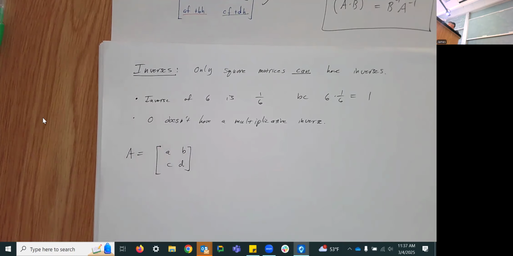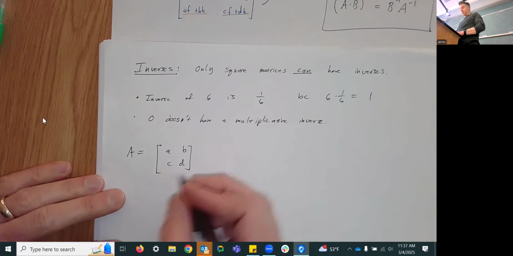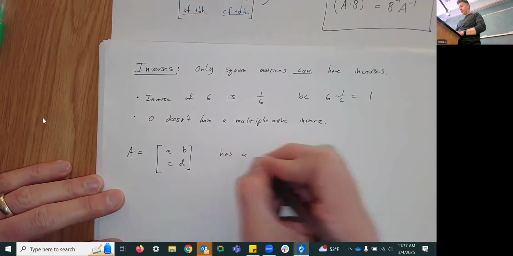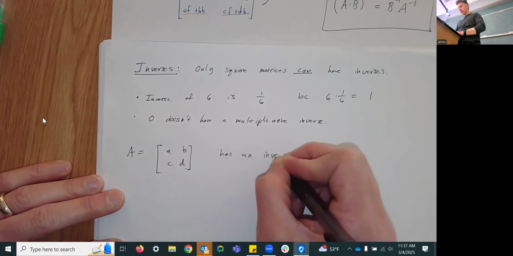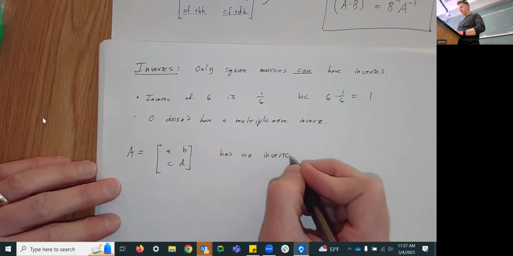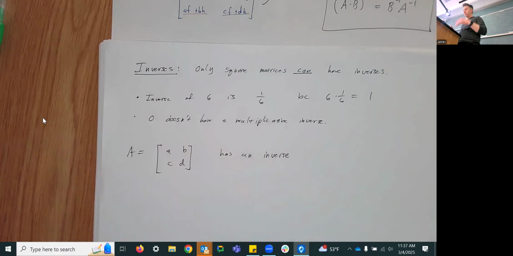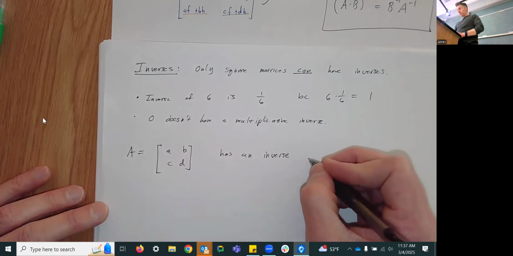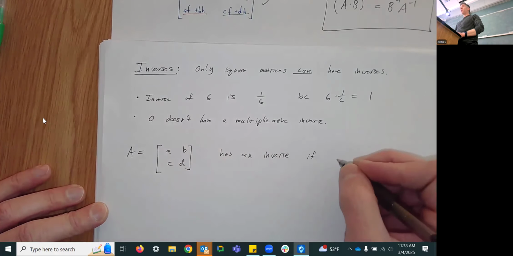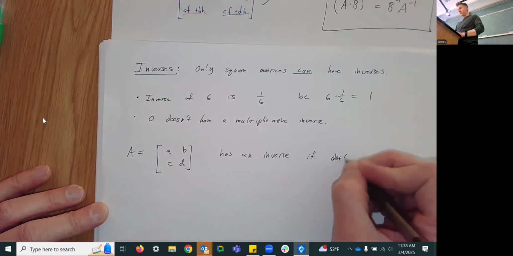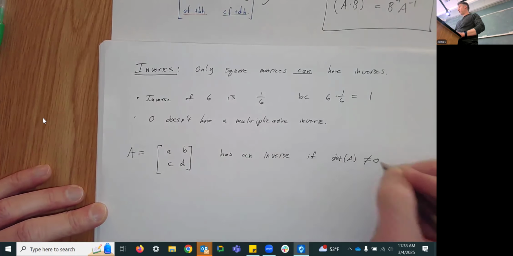You just literally take the negative of the whole thing, right? Negative A, negative B, negative C, negative D would be the additive inverse of this matrix. But A has an inverse, and when we say inverse, we always mean multiplicative. So if you mean additive, you say additive. A has an inverse if the determinant of A is not equal to 0.